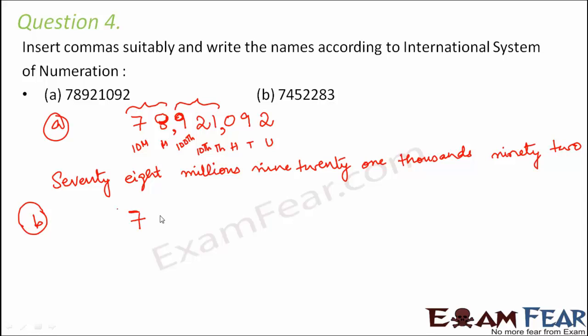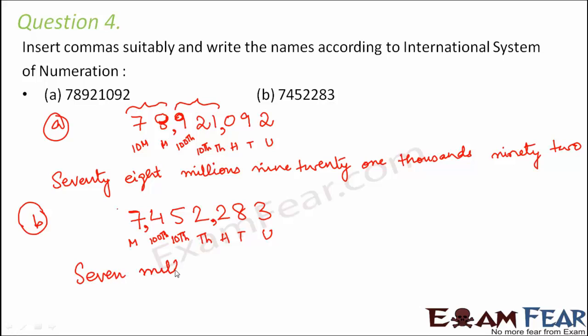It is 7452283. So this is units, tens, hundreds, thousands, 10,000s, 100,000s, million. So let's separate the millions and the thousands. So this becomes 7,452,000 because all these three fall under thousands.